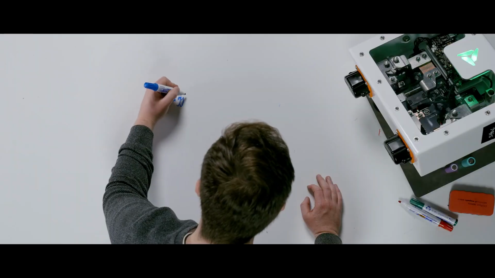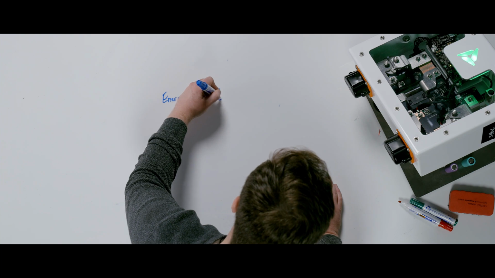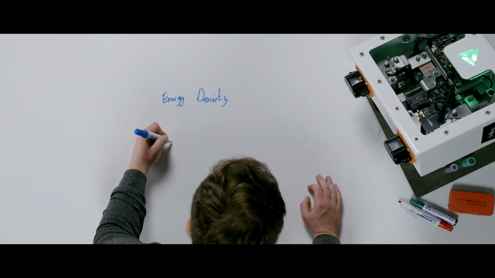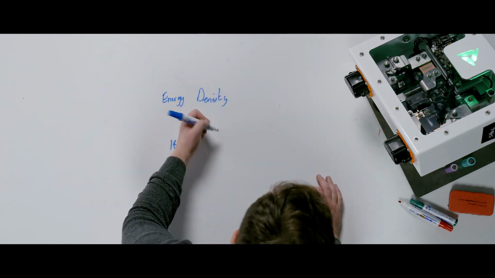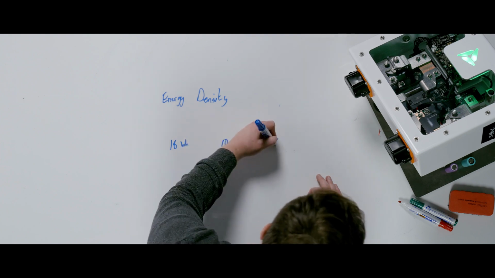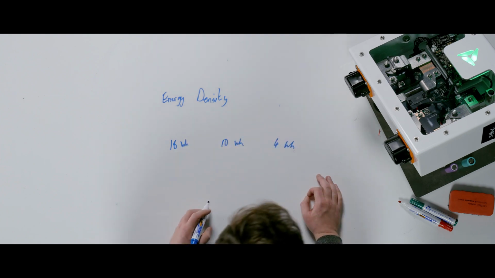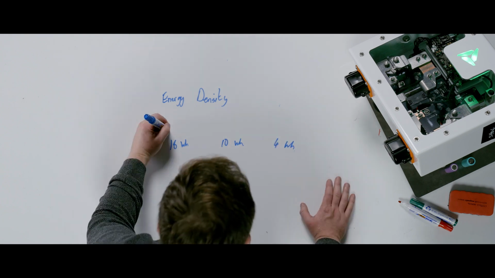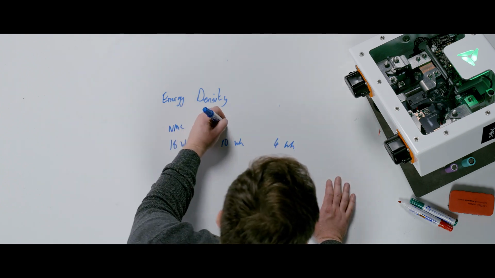So the reason lithium ion is becoming so popular now, and we're seeing it in lots of vehicles, it comes down to the energy density. Back to when we talked about the different battery cells of being 18 watt hours, 10 watt hours, and maybe 4 watt hours for LTO, they were just within the lithium ion family.